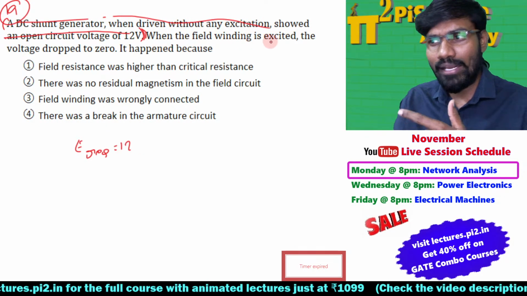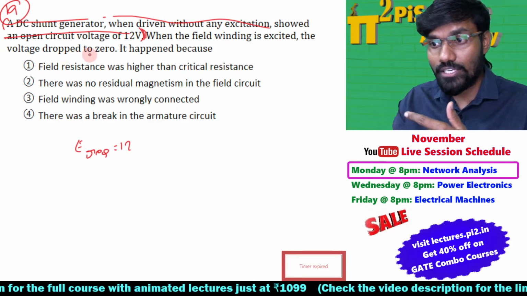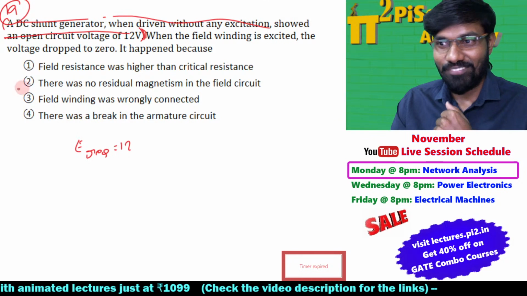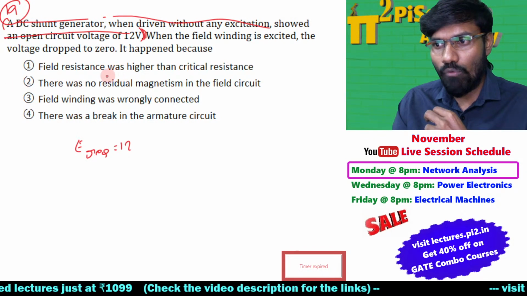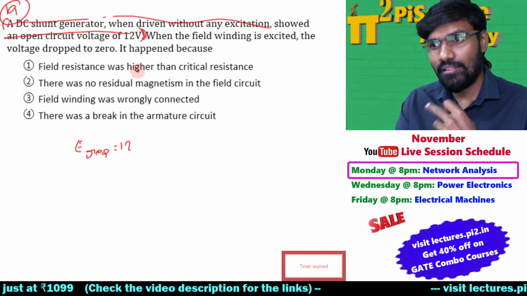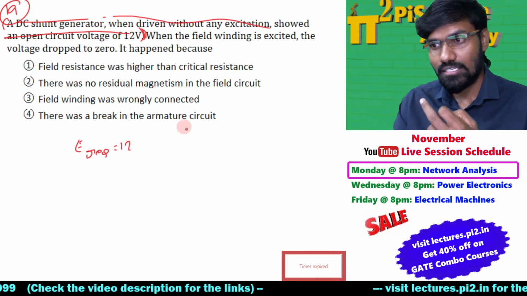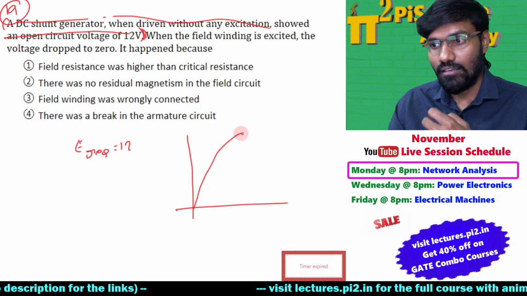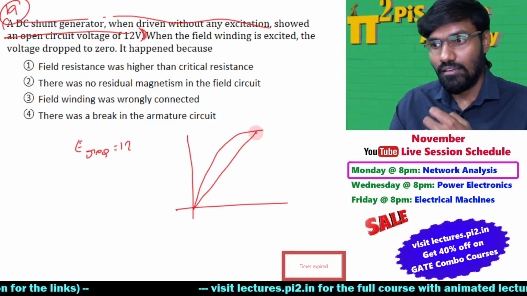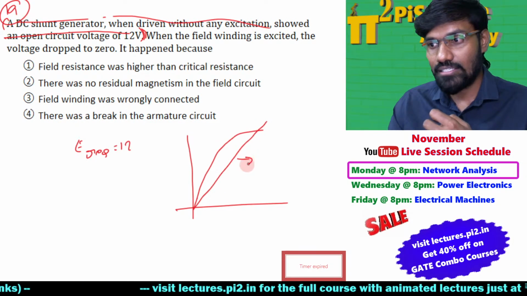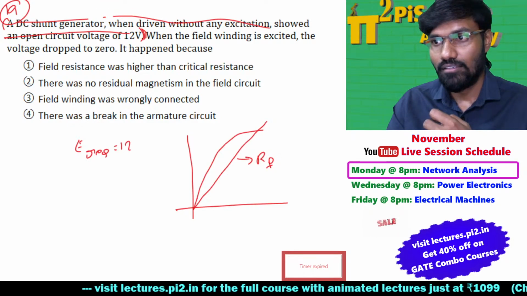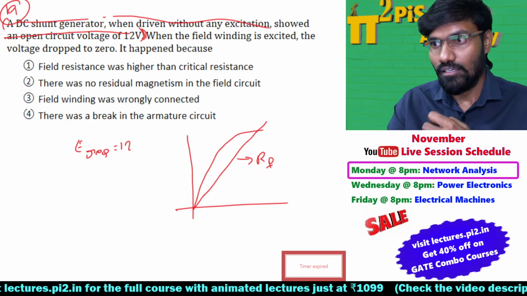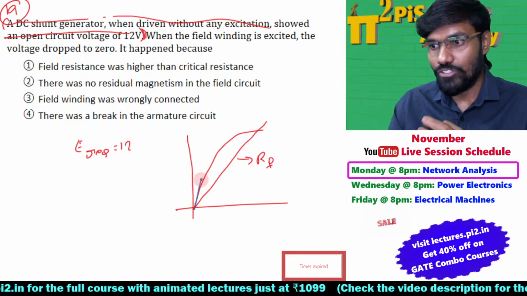When the field winding is excited, the voltage drops to 0. Why? That's the question. Field resistance was higher than the critical field resistance. What is a critical field resistance? This is a field resistance, and critical field resistance is the tangent.